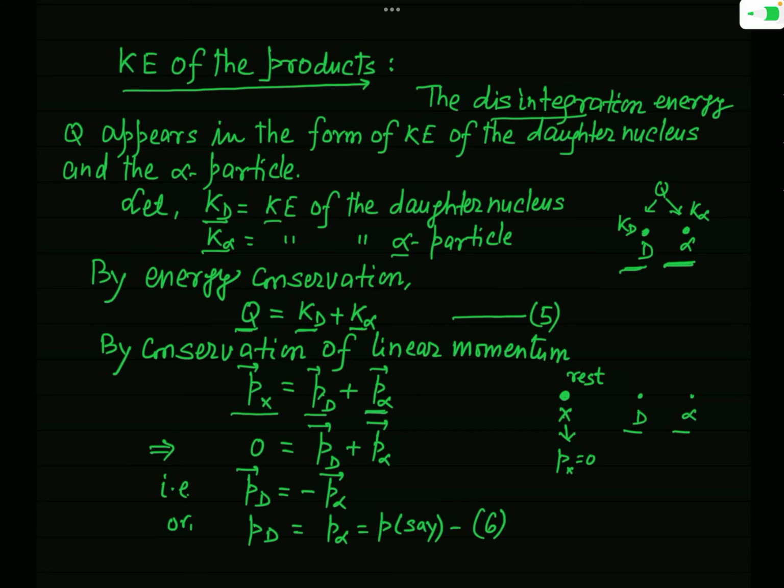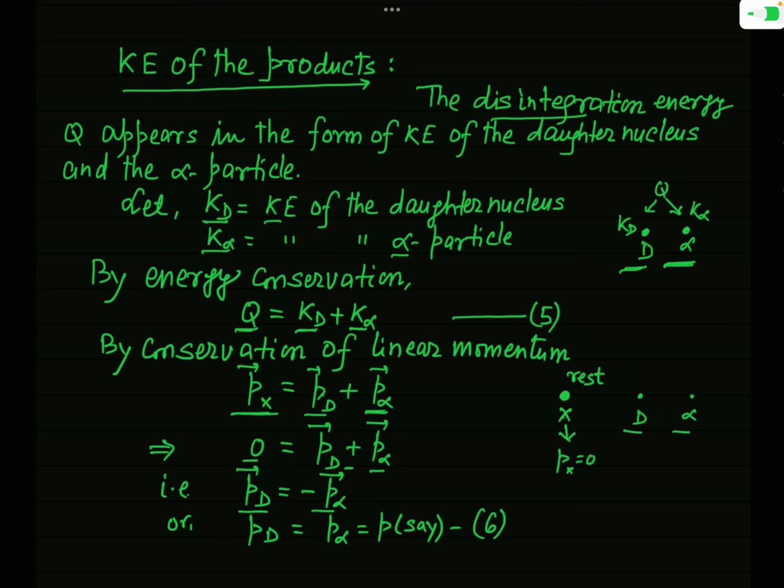But as you have assumed that the parent nucleus is at rest before the decay, this Px will be 0. And Pd and P alpha I have assumed, so this is Pd plus P alpha. So you can see Pd will be equal to minus P alpha. What does it mean?